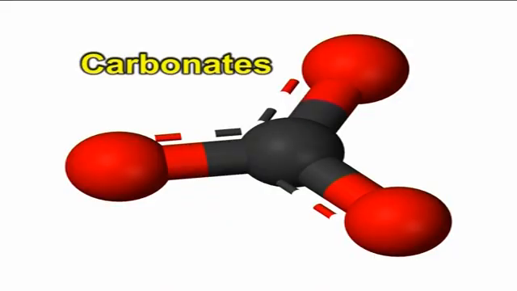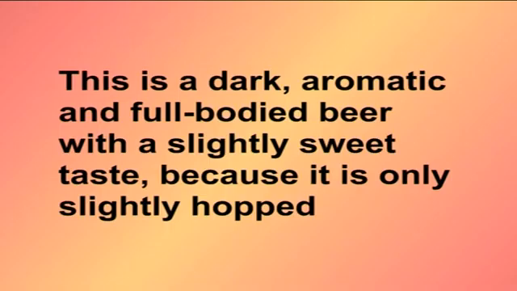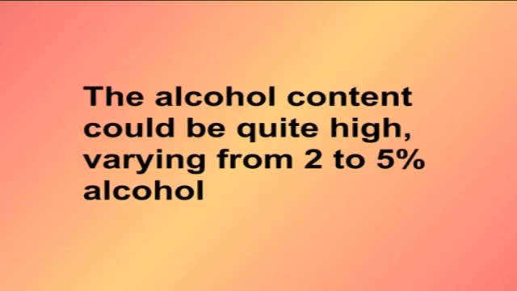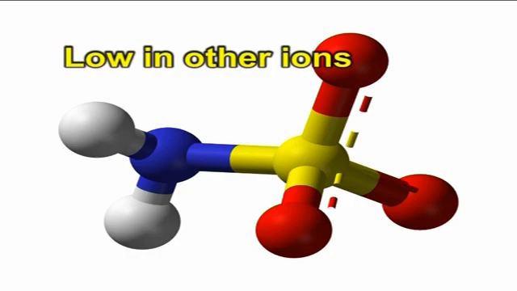The brewing water is hard, containing large amounts of carbonates, sulfates and chlorides. Munich. This is a dark, aromatic and full-bodied beer with a slightly sweet taste because it is only slightly hopped. The alcohol content could be quite high, varying from 2 to 5% alcohol. The brewing water is high in carbonates but low in other ions.